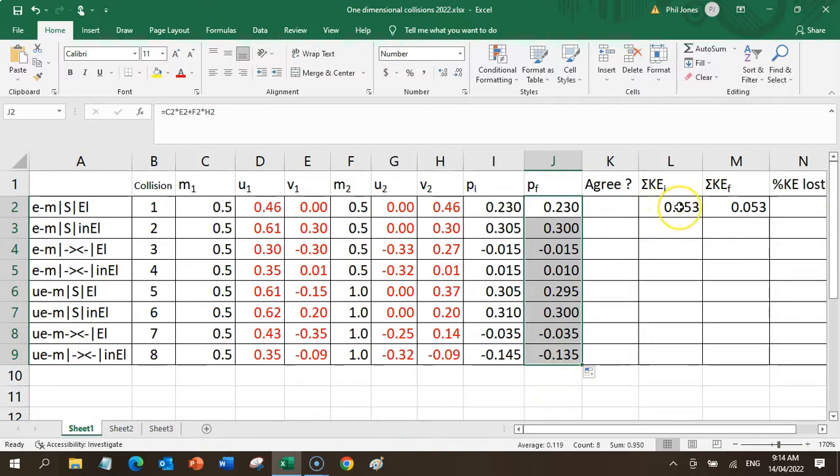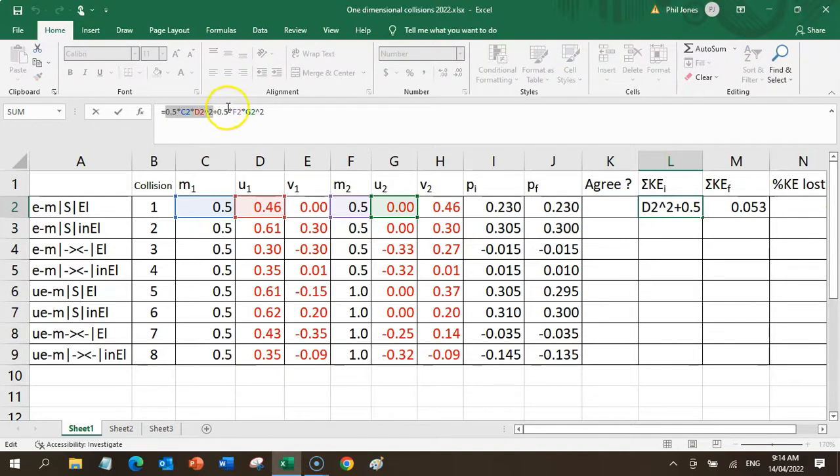Now, as far as the kinetic energy is concerned, we can use a similar sort of formula. And here what I've got is half the mass times the initial velocity squared plus half the mass times the initial velocity squared. We've added those together.